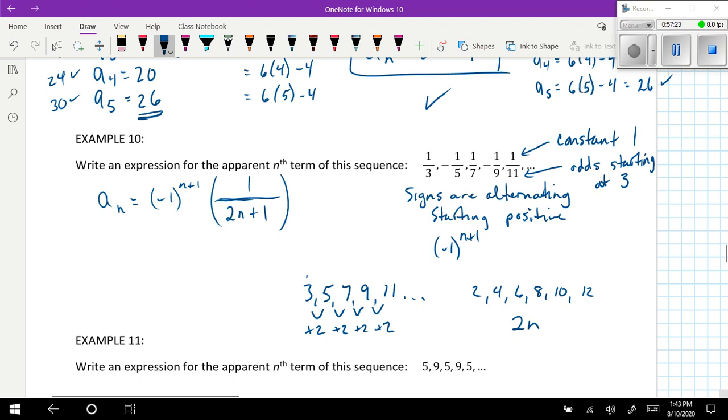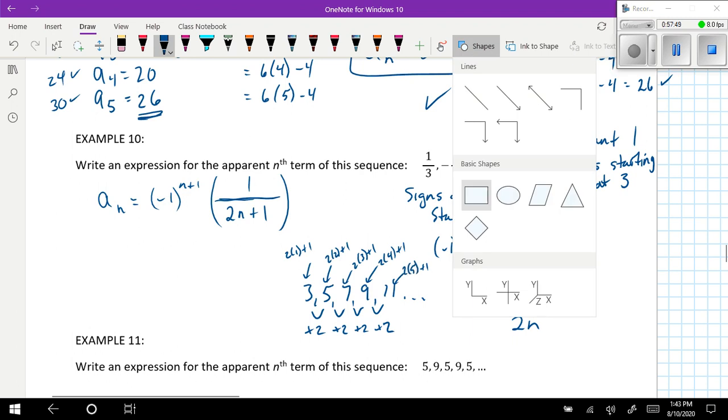Because this number 3 is 2 times 1 plus 1. And this 5 is 2 times 2 plus 1. And this 7 is 2 times 3 plus 1. And this 9 is 2 times 4 plus 1. And this 11 is 2 times 5 plus 1. So this would be the answer that I would have.